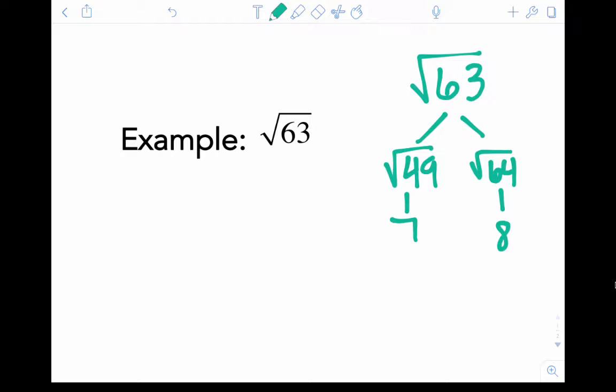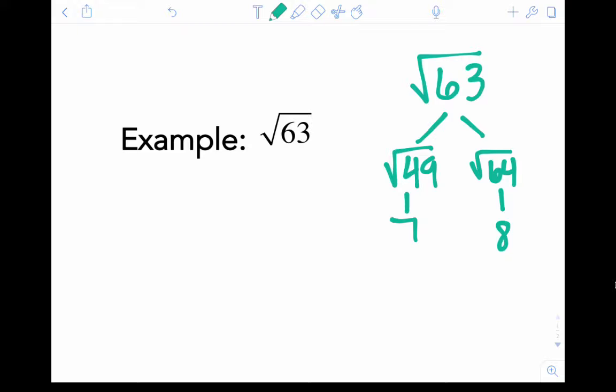What we're doing today is we're simplifying square root of 63. So we cannot write this as a decimal because that's impossible since the decimal goes on forever with no repeating. What we can do is write it with a square root still, but we can write it so that the numbers are smaller.